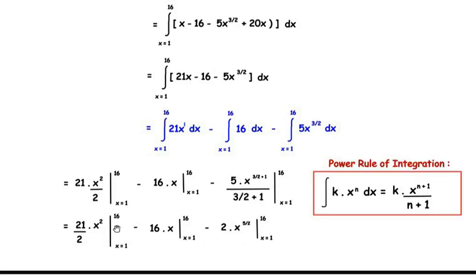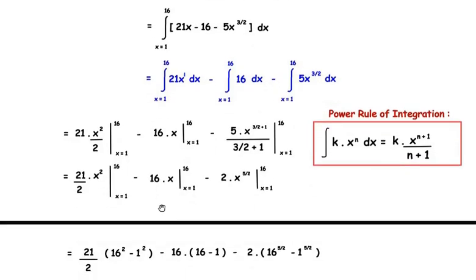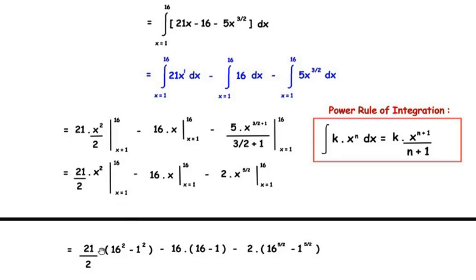Now let us plug in the values of upper limit and lower limit in the place of x. That is upper limit minus the lower limit. So here we have written, in the first term, we get 21 over 2 times 16 square minus 1 square. That is upper limit minus the lower limit, minus 16 times 16 minus 1 minus 2 times 16 to the power of 5 over 2 minus 1 to the power of 5 over 2.